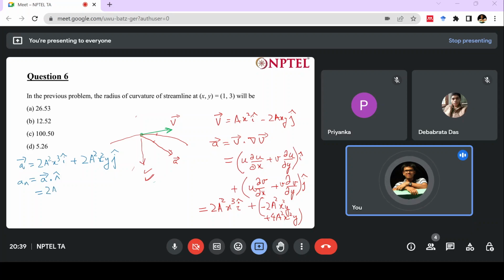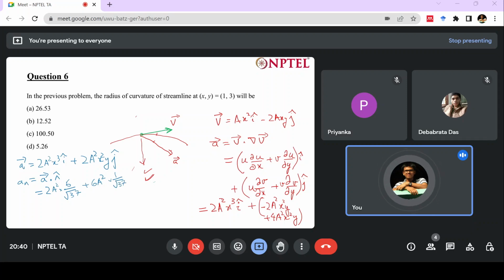This is 2a square into 6 by root 37 plus this is 6a square into 1 by root 37.